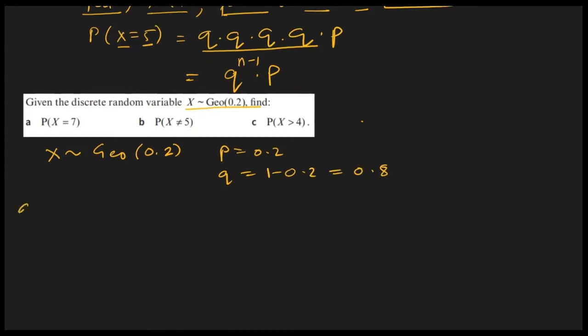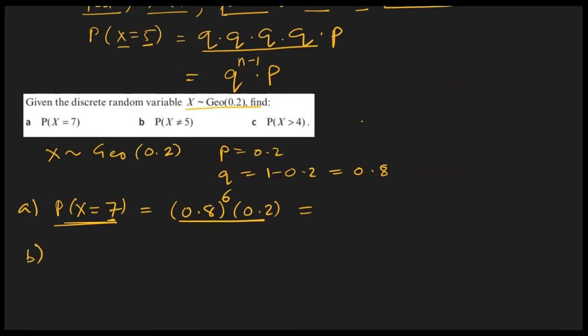The A part of this question says, what is probability of X equal to 7? That means you are getting success in the 7th attempt. That means you are failing 0.8 to the power 6 times, and the 7th time you're getting a success. So just put this in a calculator and you get the probability of X equal to 7. I'll do it together with other parts.